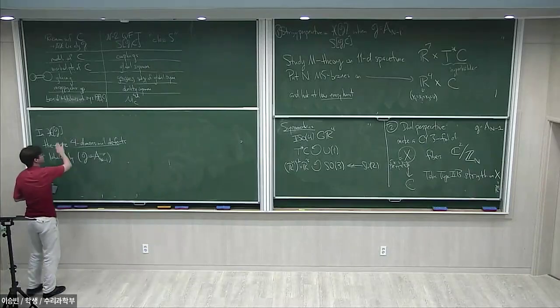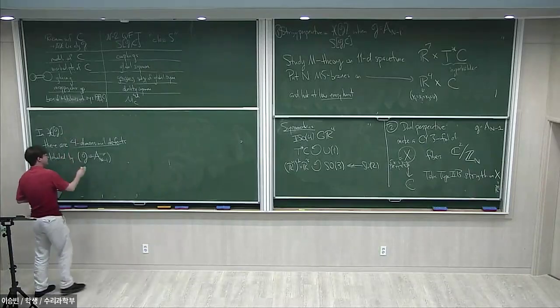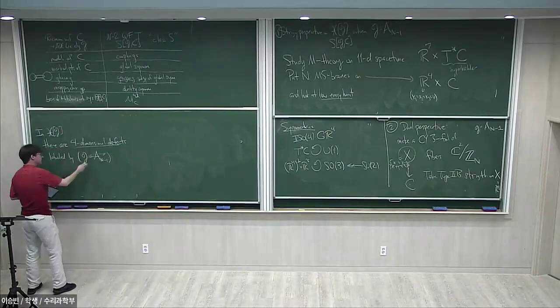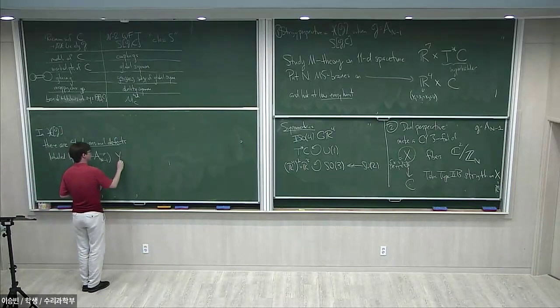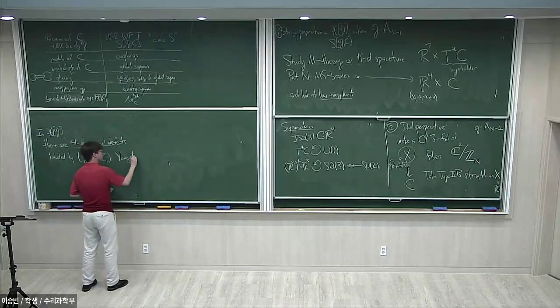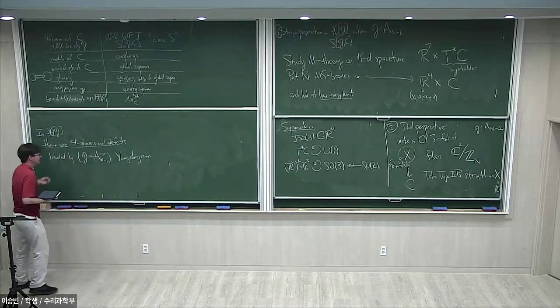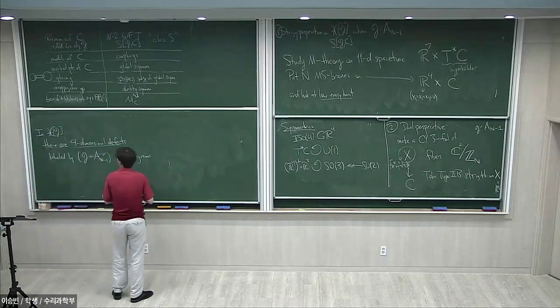Okay, so to answer this question about where the defects come from, so the statement is that in this 6-dimensional theory, there exist 4-dimensional defects labeled by, in this case, Young diagrams. And more generally, you would say labeled by like nilpotent orbits of the Lie algebra.